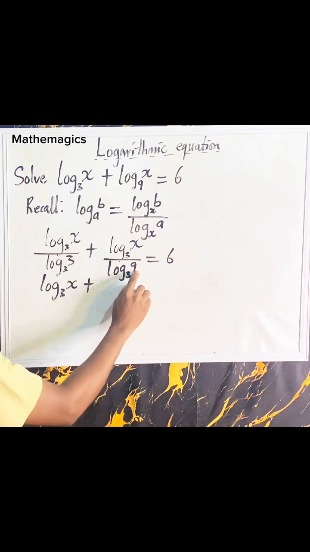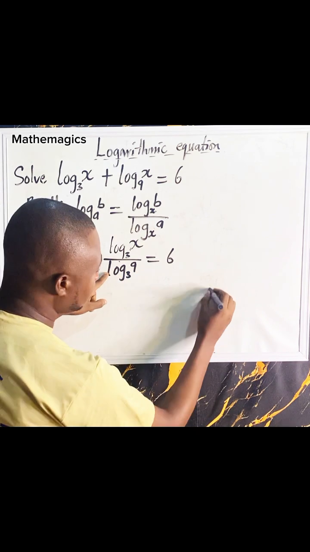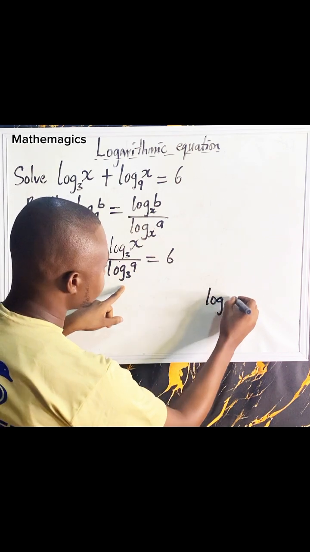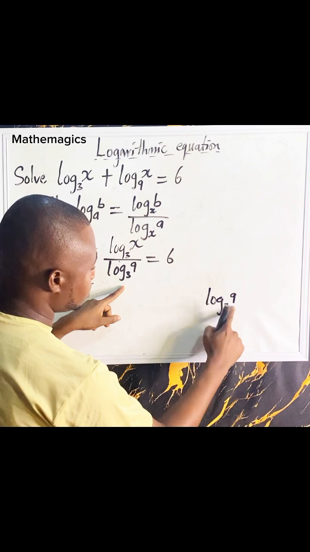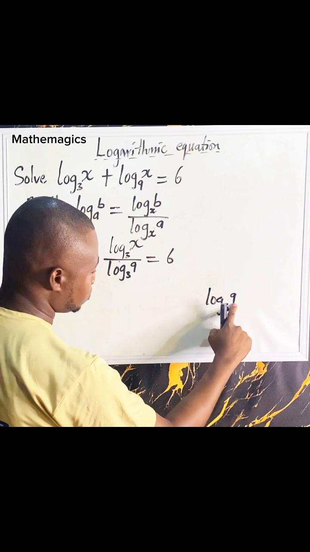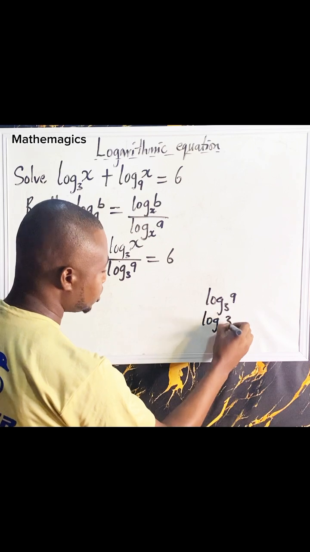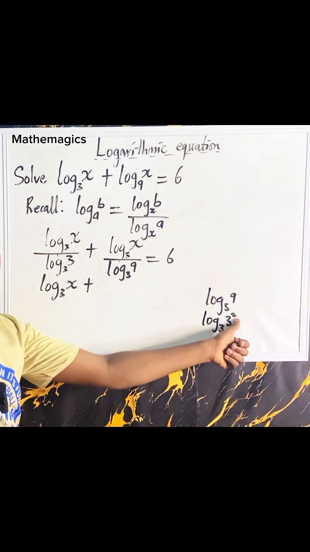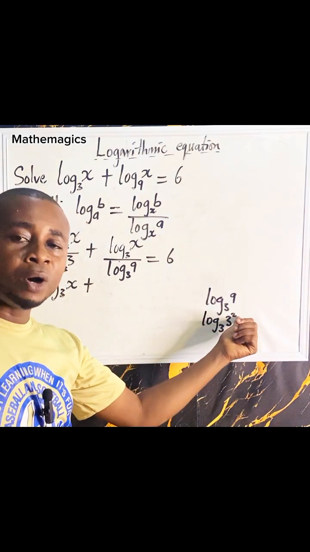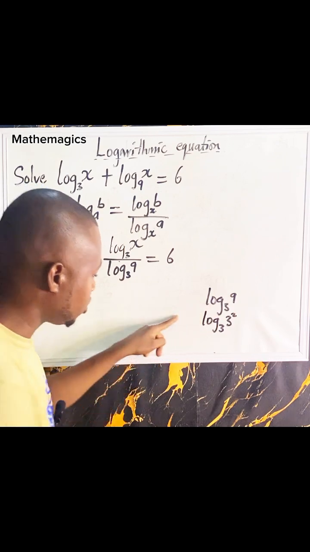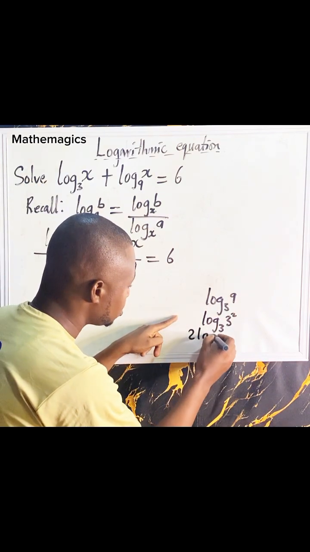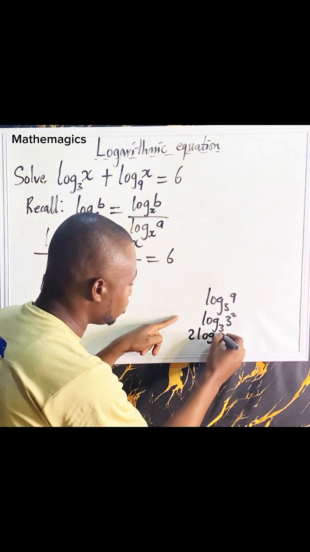If you have log to base 3 of 9, in other words, if this 9 happens to be a perfect square, I can express it as log to base 3 of 3 raised to power 2. Then applying the power rule, this comes here. It becomes 2 log to base 3 of 3.